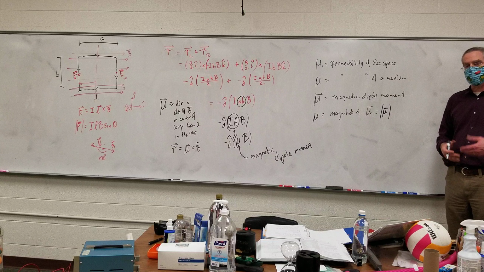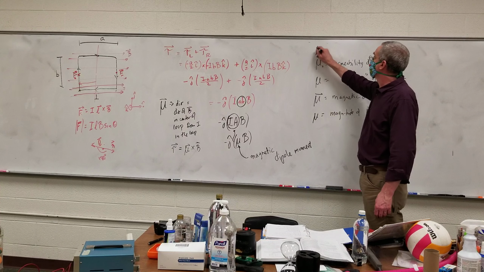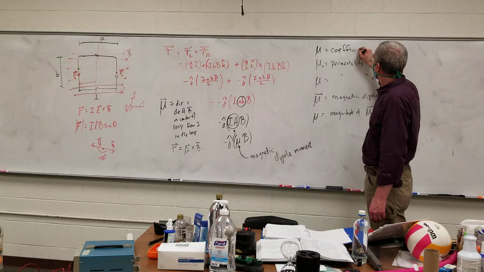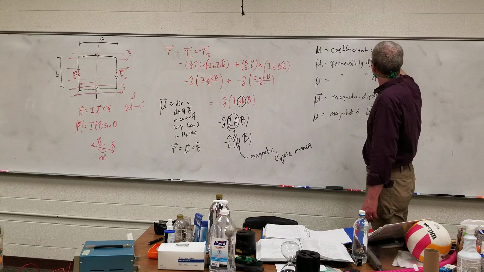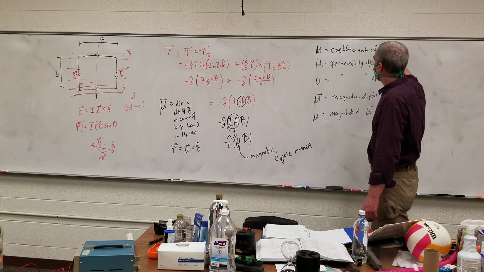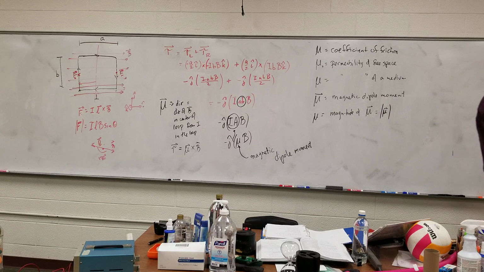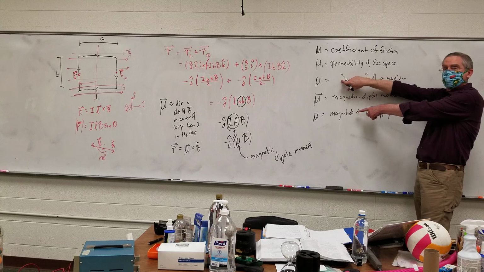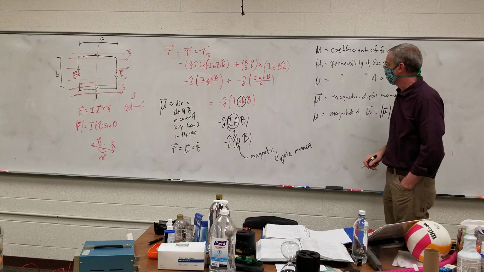Now, it would be really nice, because at least coefficient of friction has the courtesy of being in a separate course. But we got these two things, which are both associated with magnetic fields, both using the same symbol.